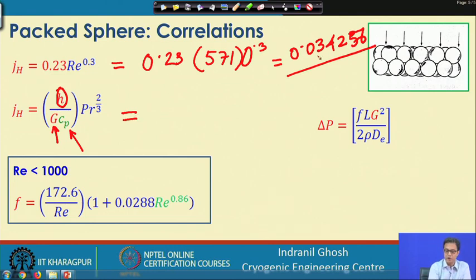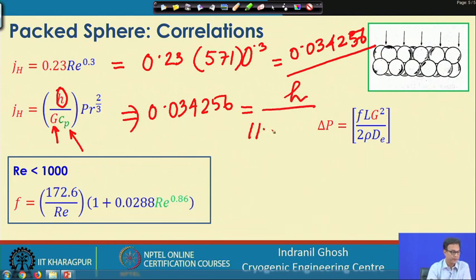So, this is already known: 0.034256 equals h by G, which is 11.308, and then you have the Cp value. Cp is already known because we know the temperature and pressure of the fluid.